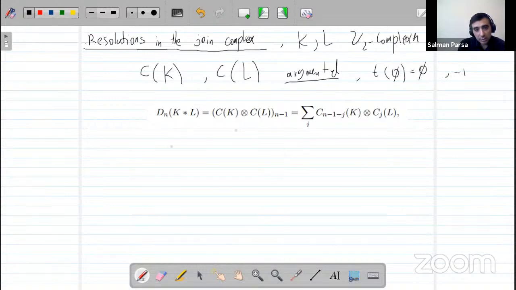And for the boundary, if you have some sigma tensor tau, it is like the boundary formula on the product, but here you write the dimension of sigma +1.